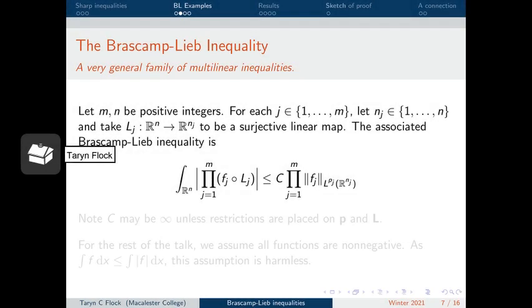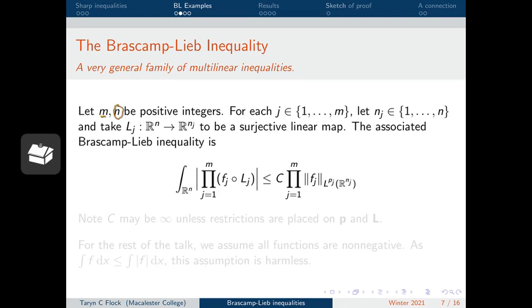Here's our statement of the Brascamp-Lieb inequality. More than a single inequality, it's really a very general family of inequalities. Perhaps their defining feature is that they are multilinear. So to set these up, we're going to take m and n to be positive integers. n is the dimension of the space I'm integrating over. m is the number of functions in my product.